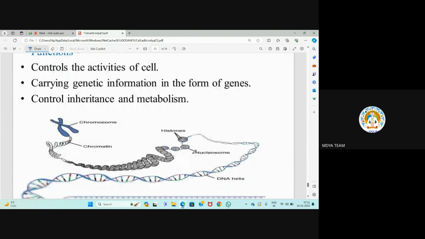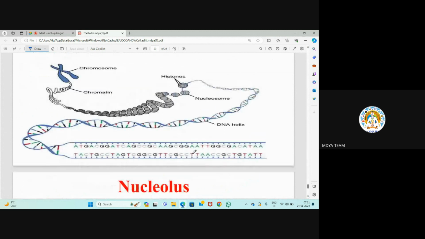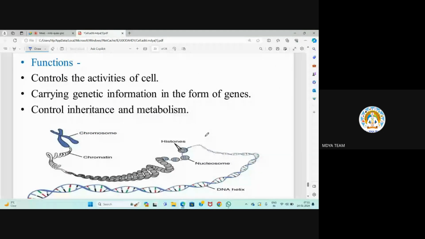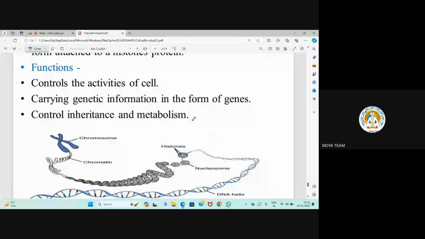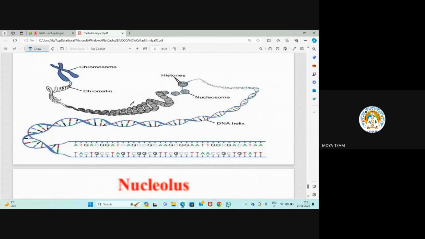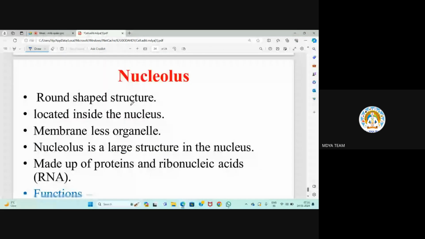Here you can see the detailed structure of chromatin, the DNA helix. You don't need to understand such detail, just get the concept. So these are the three main functions of chromatin.